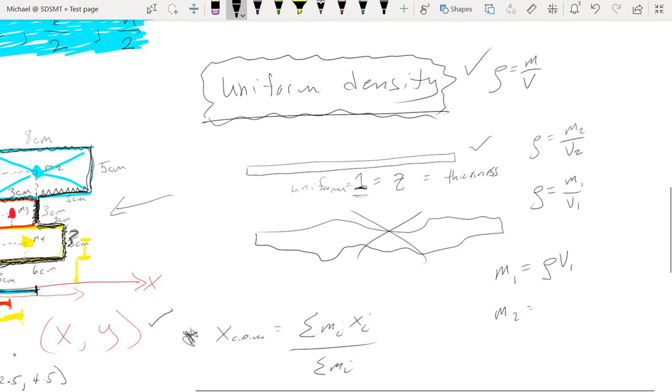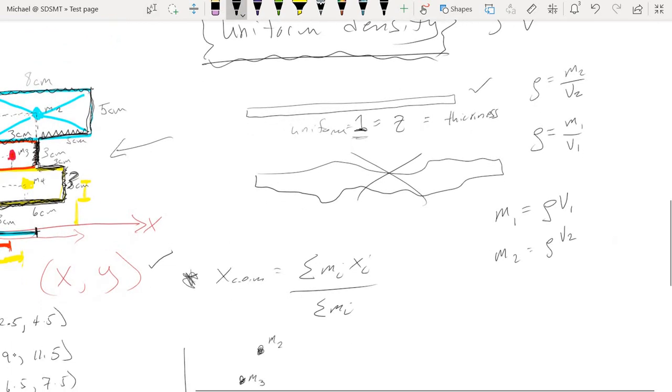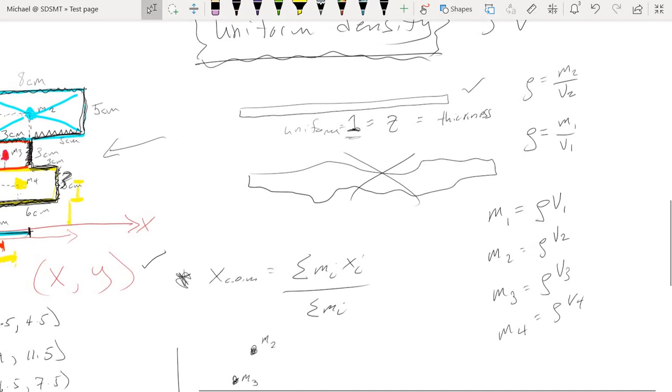And what we're going to do here is make a substitution for each mass using the volume that each mass is taking up. And each of those volumes times the uniform density has to equal the total mass in the system.